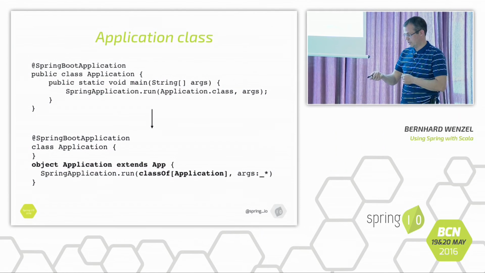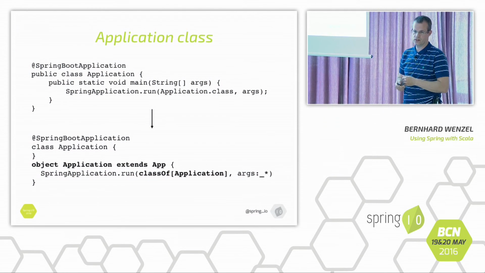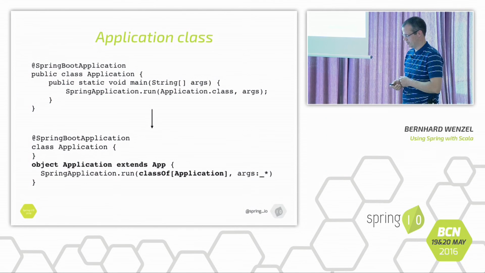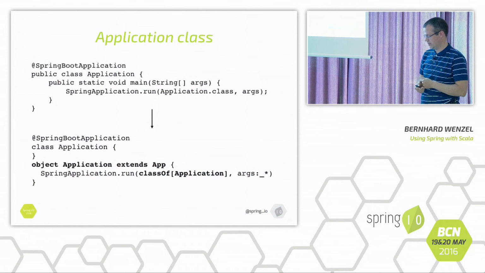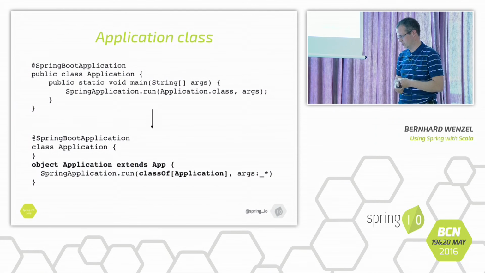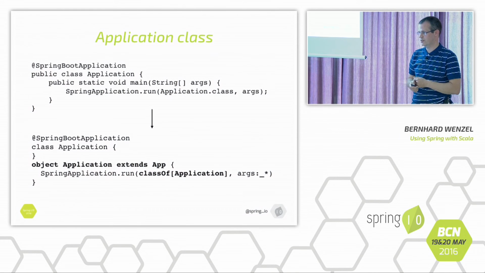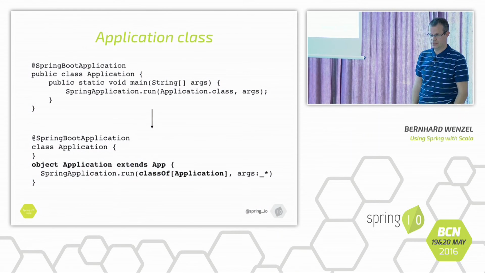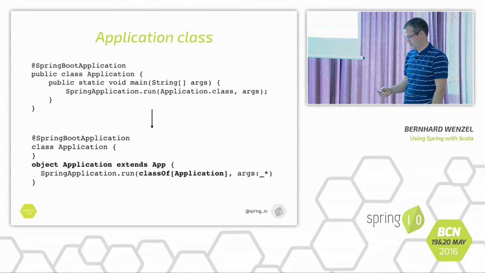And in Scala, we don't have the class postfix; we have classOf. And the arguments, if you have never seen it, look a bit funny: we have a colon underscore star annotation, which basically just tells the compiler that this is a varargs type.